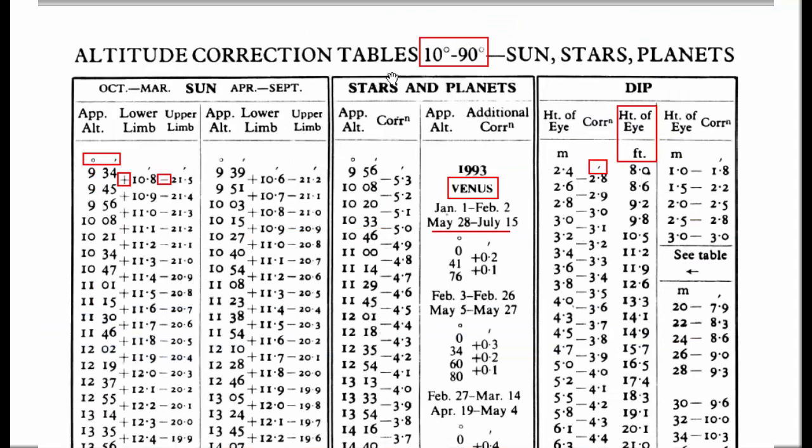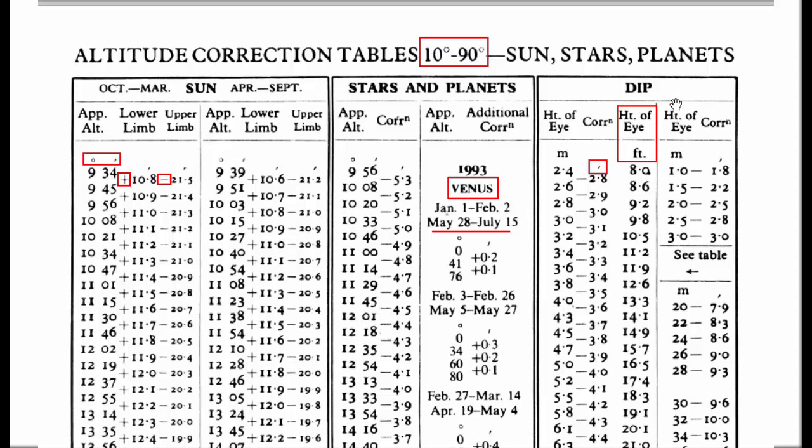The altitude correction table for 10 degrees to 90 degrees apparent altitude for the sun, the stars, and the planets. And it's broken down into 3 sections. One is a set of numbers for the sun, numbers for the stars and planets, and then the dip correction, which applies to whatever body you're shooting, because remember, the dip has nothing to do with the body that you're shooting.